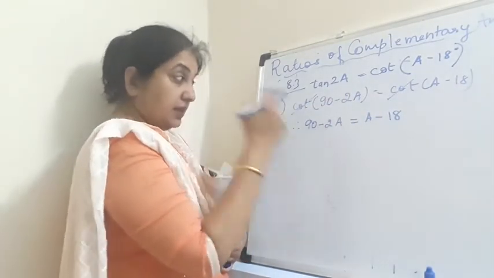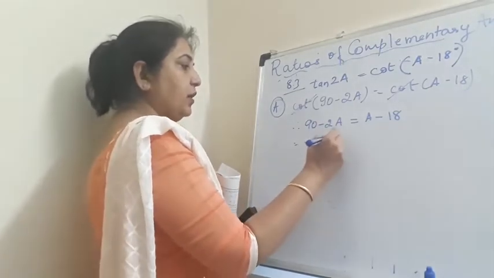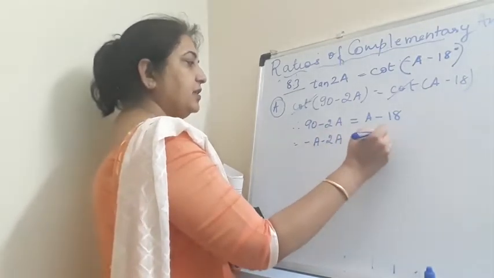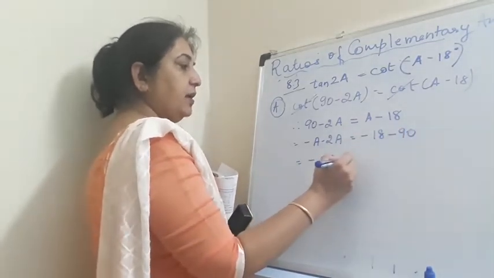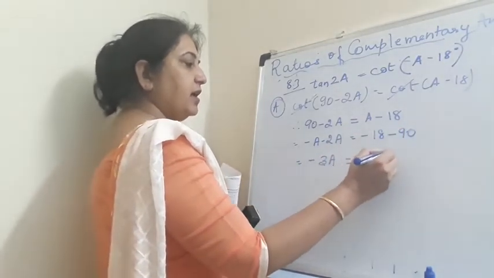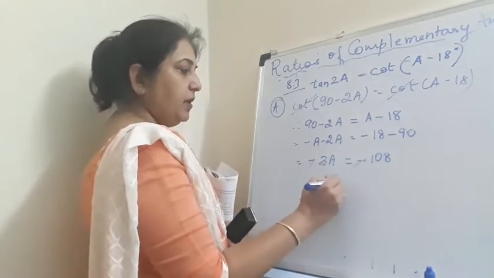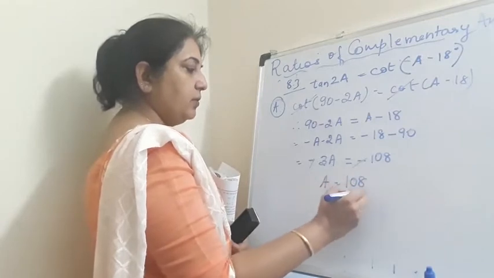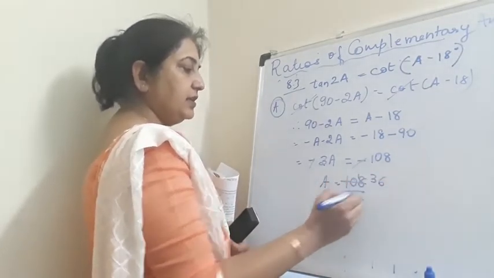Now as you can see, we can combine minus a minus 2a and minus 18 minus 90. So here I get minus 3a and here I get minus 108. Therefore, a will be equal to 108 upon 3, that is 3 3s are 9 and 3 6s are 18.